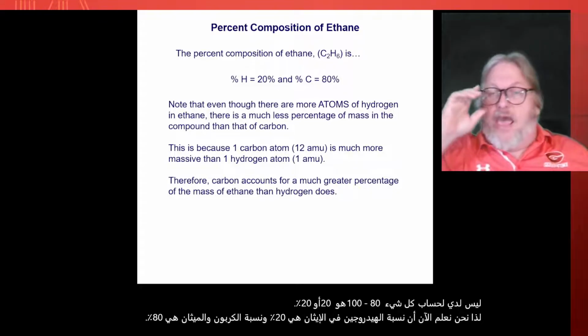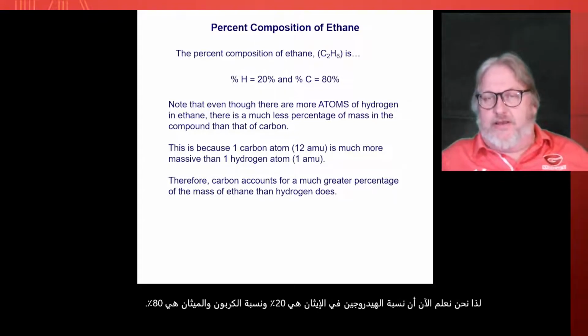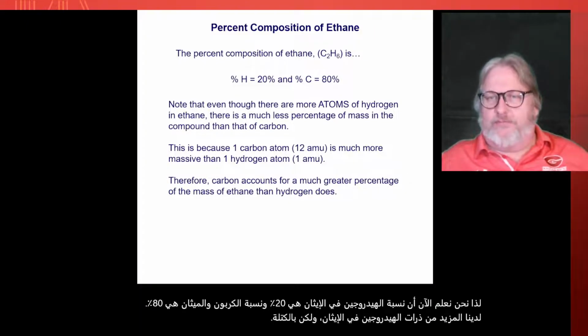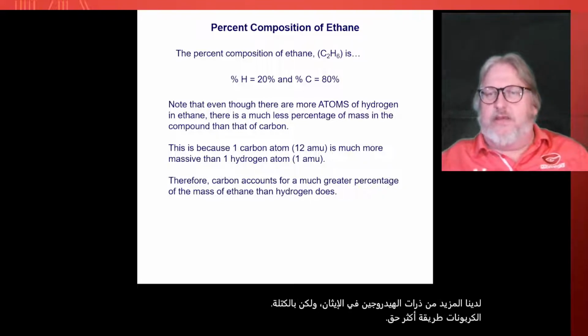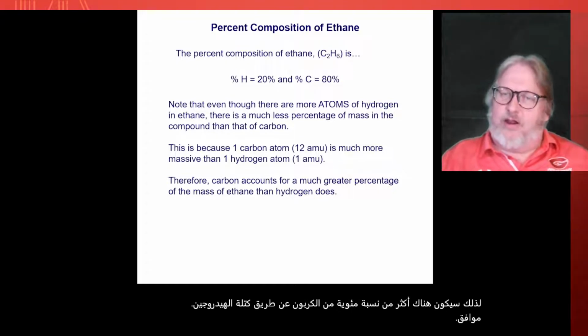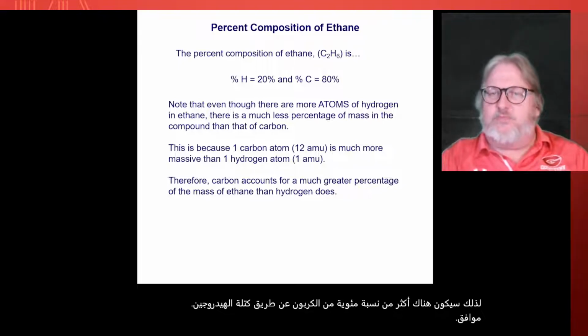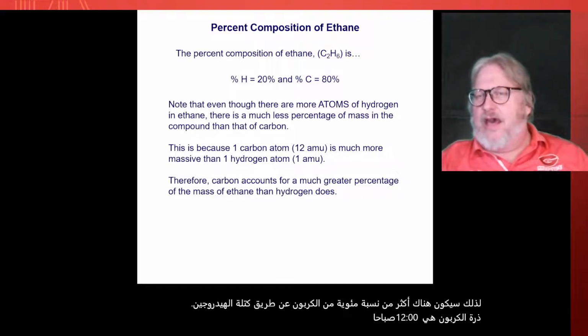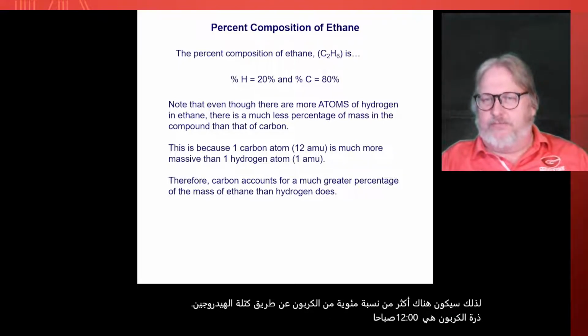Now, we've got more atoms of hydrogen in ethane, but by mass, the carbon's way more. So there's going to be a greater percentage of carbon by mass than hydrogen. A carbon atom is 12 AMU. It's more massive than hydrogen with 1 AMU.